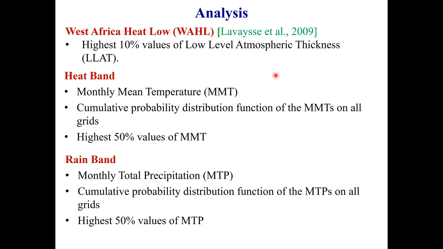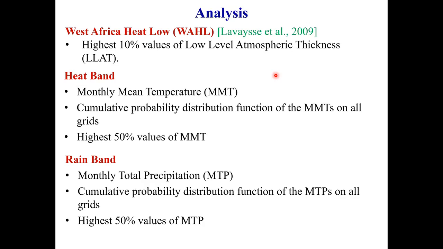The low-level atmospheric thickness is just the thickness between 2 geopotential heights, specifically the geopotential height between 700 hectopascal and 925 hectopascal.